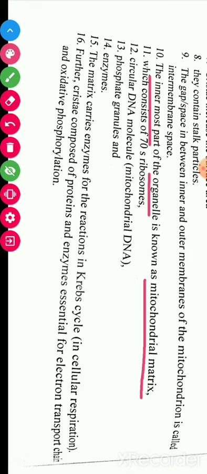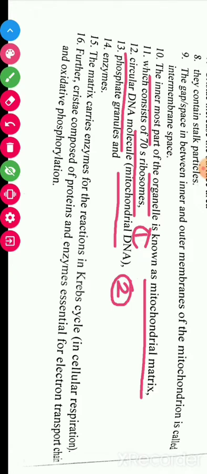Number one, it consists of 70S ribosomes. Number two, a circular DNA molecule, or you can say mitochondrial DNA. Number three, phosphate granules. Number four, enzymes.